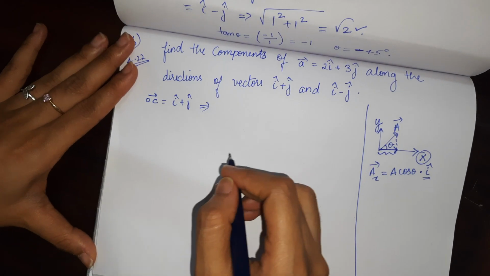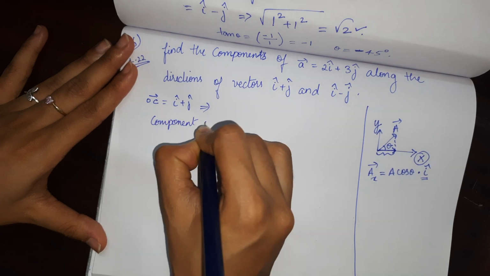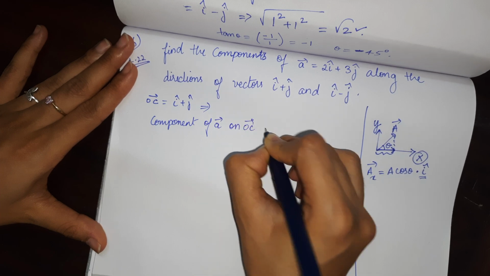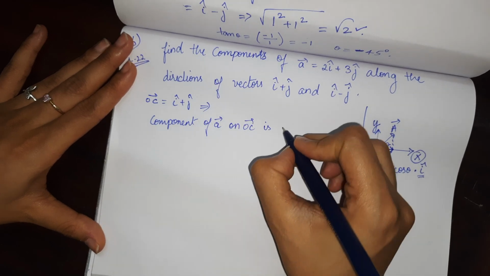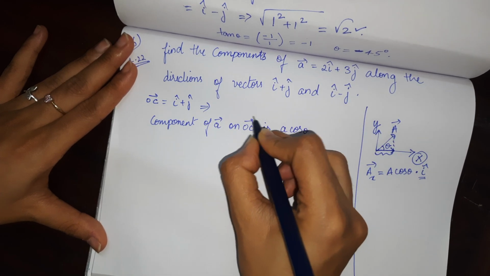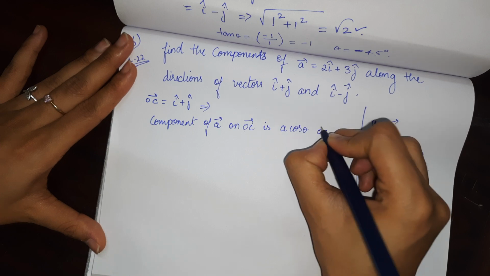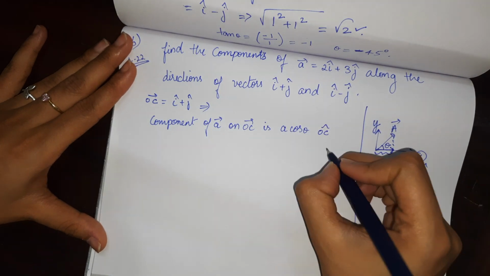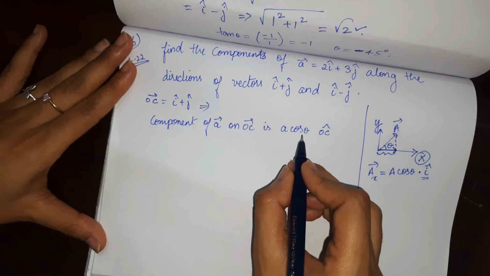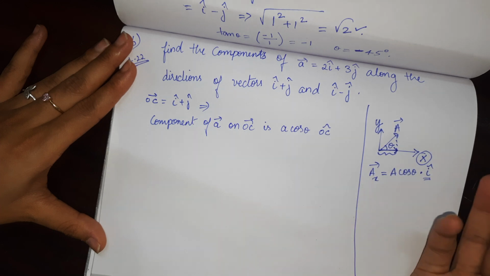So I'll write a statement: component of A vector on OC vector is A cos theta multiplied by the direction of OC, so OC cap, the unit vector along the vector OC. So A cos theta, what is A, what is cos theta? We have to just solve this. If you find the value for this, you'll get the answer.